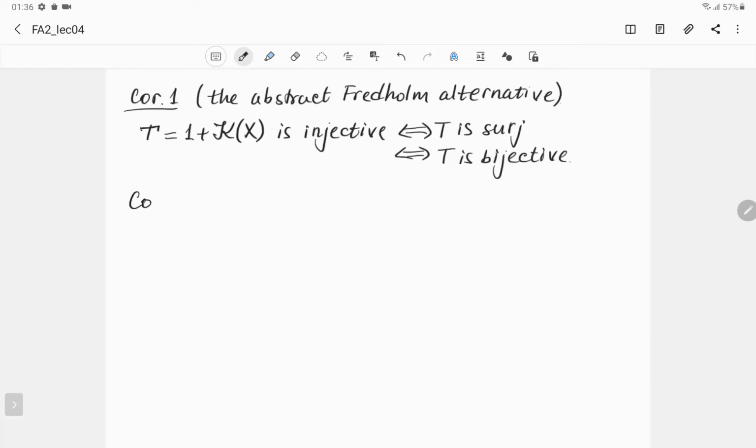Corollary 2 is due to Schauder. It was proved in 1930. And this corollary is essentially an abstract form of Fredholm's theorems.